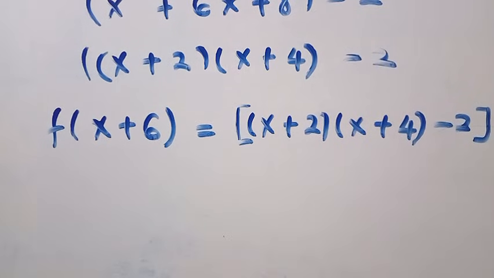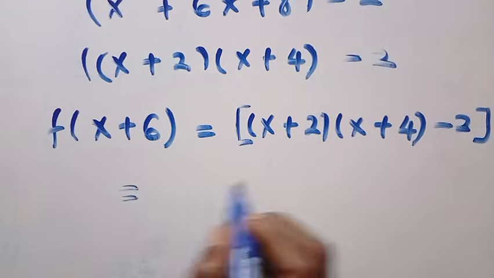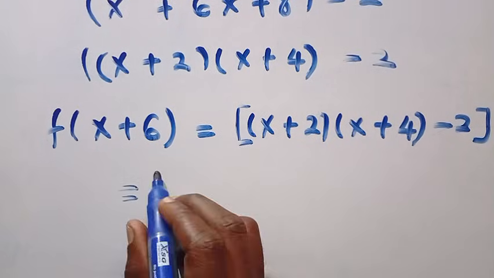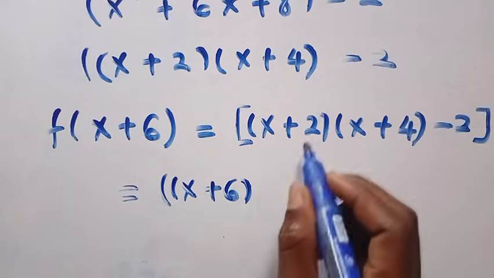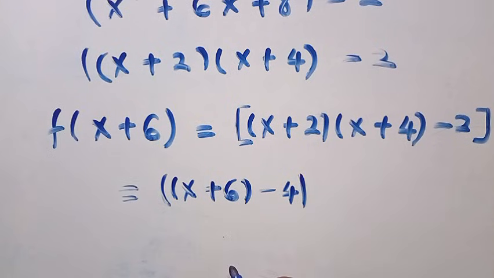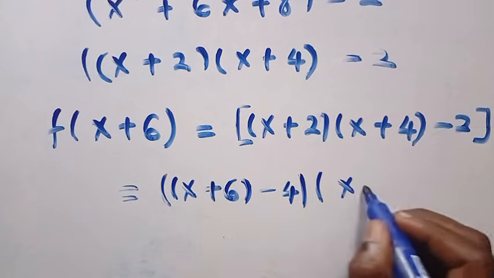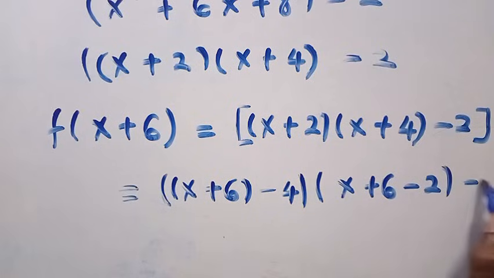In the next step, we have to rewrite this to have x plus 6. Here we have x plus 2 initially, and we are going to write this as x plus 6. Since it was x plus 2, we have to subtract 4 from here. And again, we have this as x plus 6, so we have to subtract 2, then all minus 2 at the bracket.